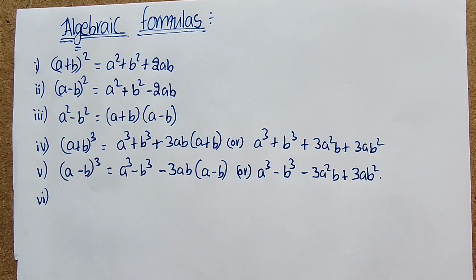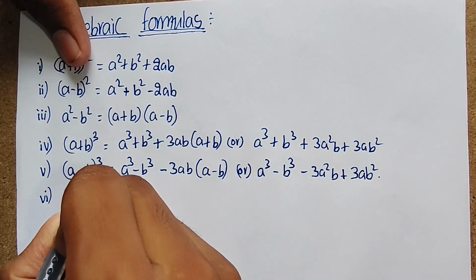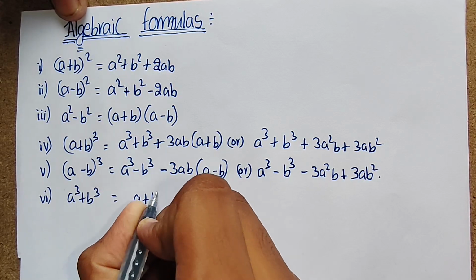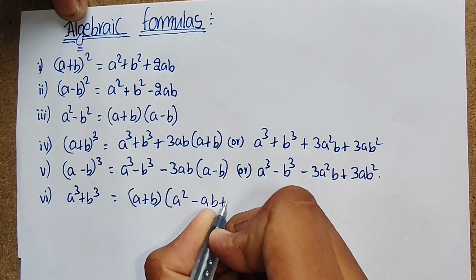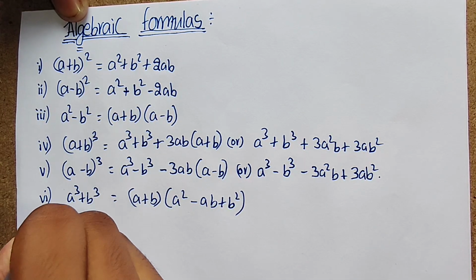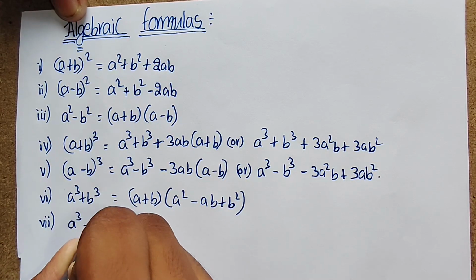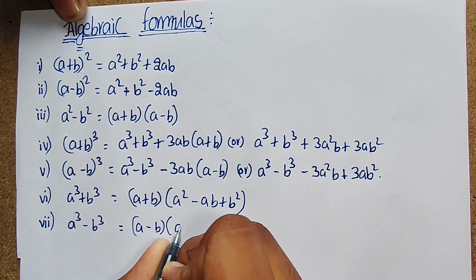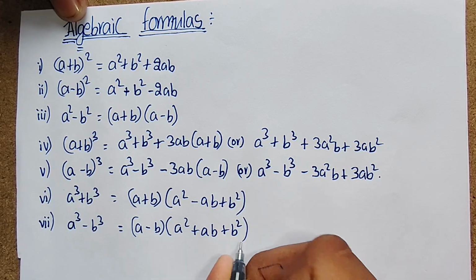Now, sixth formula: a cube plus b cube equals a plus b into a square minus ab plus b square. Seventh formula: a cube minus b cube equals a minus b into a square plus ab plus b square.